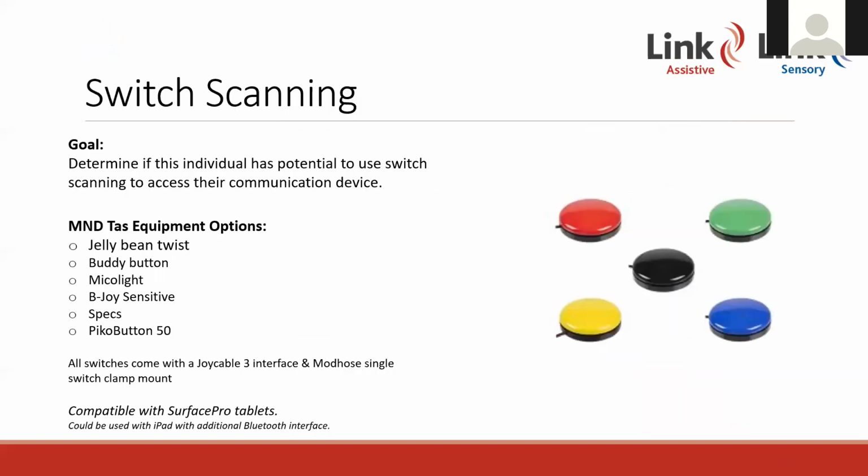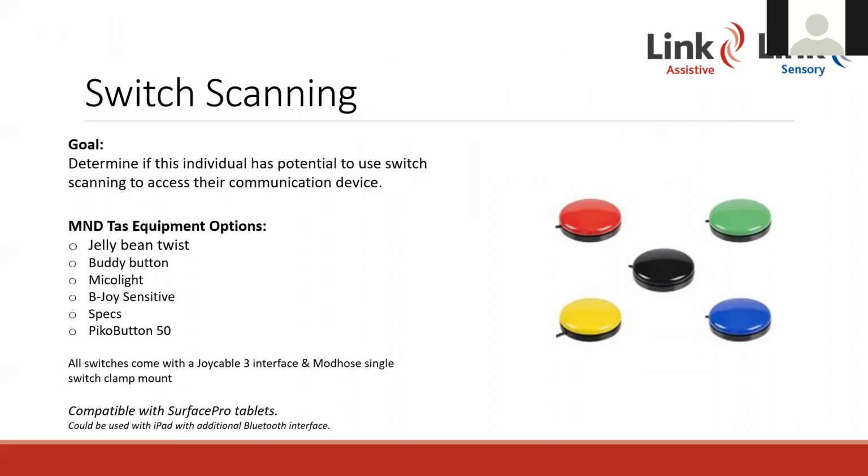Our final access method that we might consider for somebody who has some physical access challenges is switch scanning. The reason we consider this our last resort is that it is the most inefficient method of accessing a communication device or computer, because we're not interacting directly with the screen.